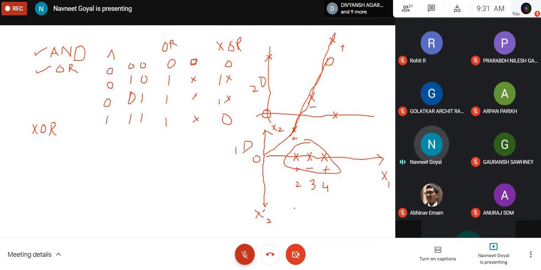So can I find a function which does something like this? I'm taking this point, you could have taken the other 2 points. If I find a mapping or transformation such that this point moves up, the other 2 points remain where they are, and I'm just telling you geometrically, or this point moves down.